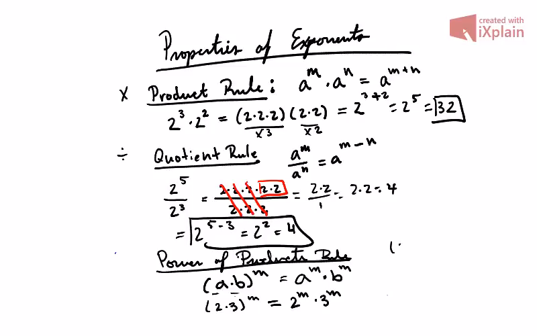If this was 2 times 3 squared, this is the same thing as 2 squared times 3 squared, which is equal to 4 times 9, which equals 36. Now, you could go ahead and simplify this as well. This is 6 squared, which is 6 times 6, which, hey, does equal 36.